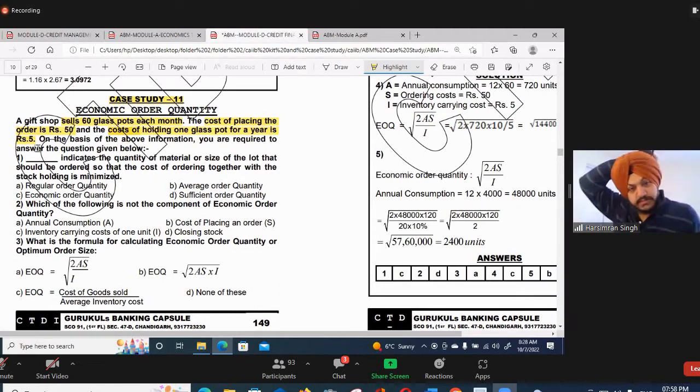On the basis of the information, answer the following questions. First, what indicates the quantity of material or size of the lot that should be ordered so that the cost of ordering can be minimized? This is known as economic order quantity. Now, this is a formula of economic order quantity.